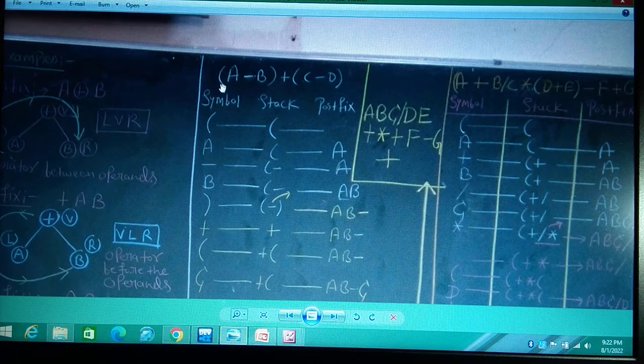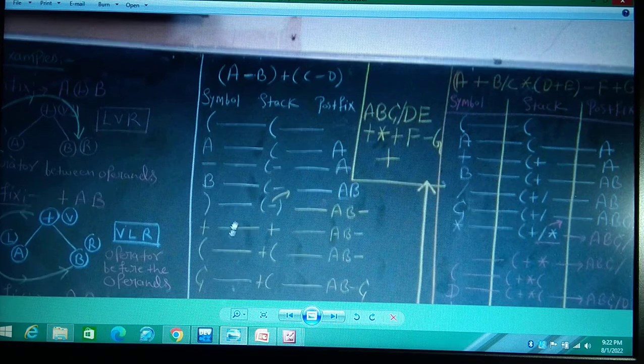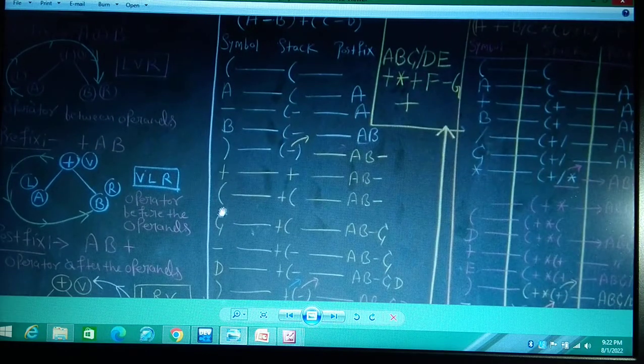All the symbols you have to write one by one here. You can see parenthesis, then A, then minus, then B, then parenthesis closed, then plus, then parenthesis open, then this is C. Because both are the same, we have made some distinction between them. Then minus D, then parenthesis closed.